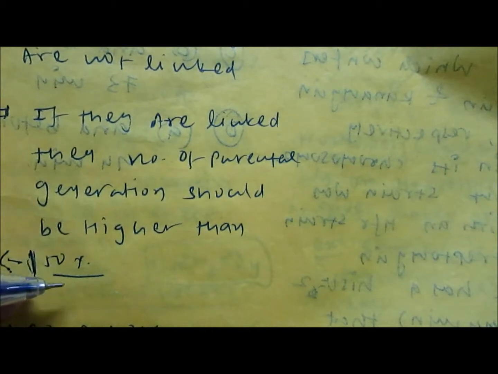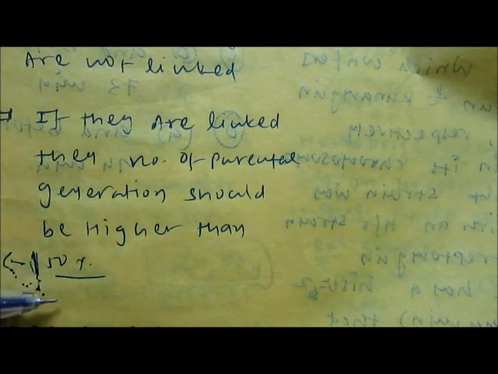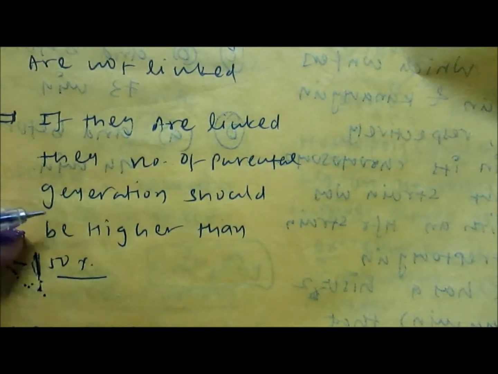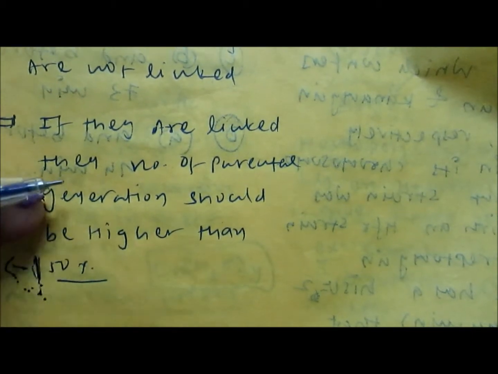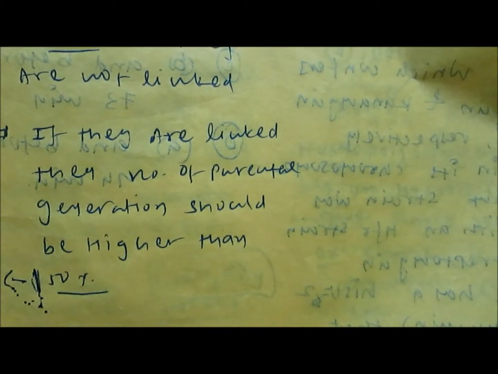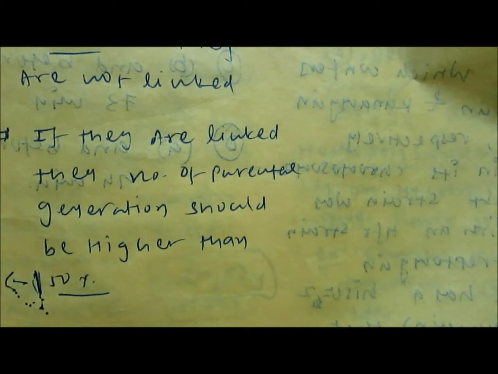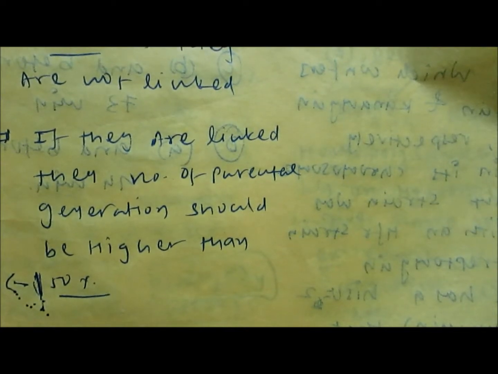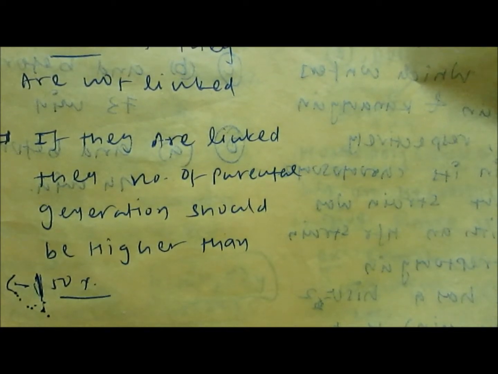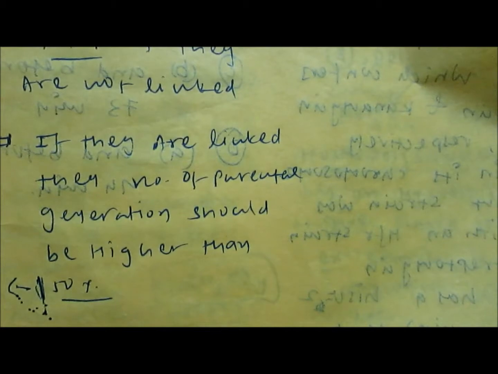But if it is 50% or less than 50%, then the genes are not linked. The second assumption is that recombinants are 10% or less in case of successful linkage between the genes. Sometimes it can be greater than 10%, but the rule is that the parental genotype should be greater than 50%.